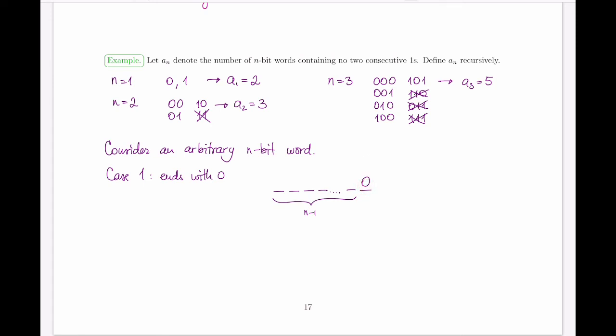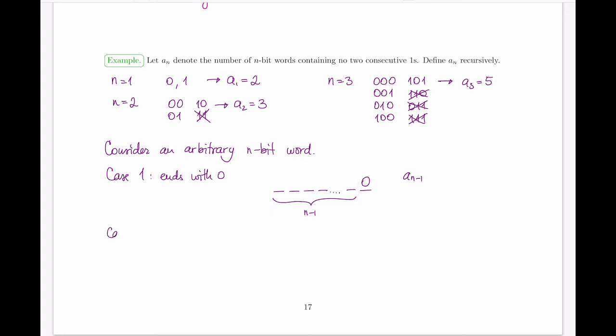So if the string ends with 0 and there are a sub n-1 strings with no consecutive ones of length n-1, then there are a sub n-1 strings of length n that end with a 0. Okay, so the number of these strings is a sub n-1, and that is because this 0 at the end does not restrict in any way what happens before.